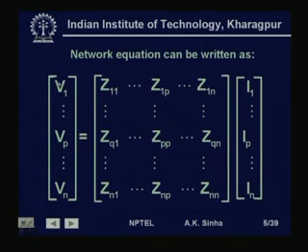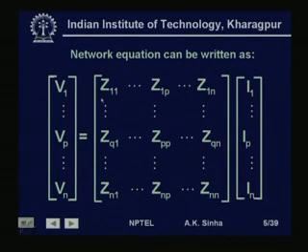Now, these bus voltages are measured with respect to a common reference, which can be the common neutral of the generators or the ground. So, all the bus voltages are referred to that common reference.